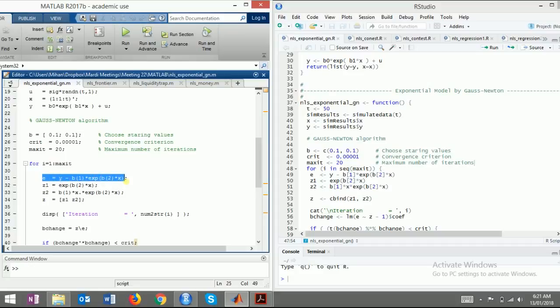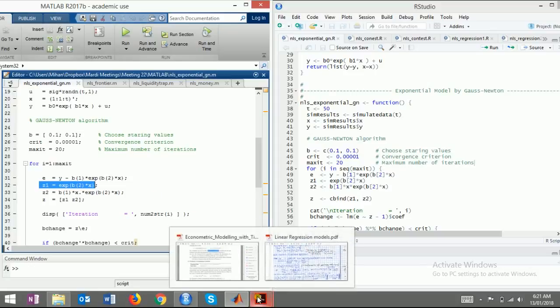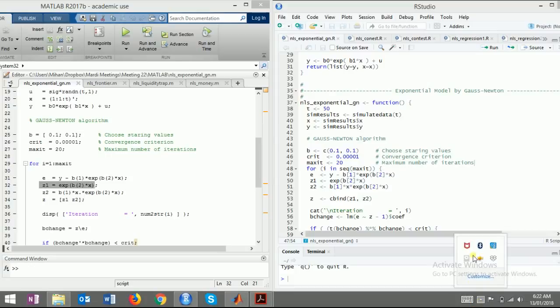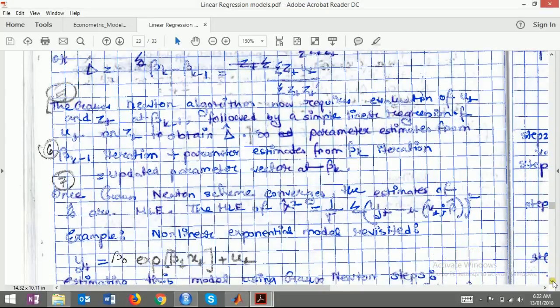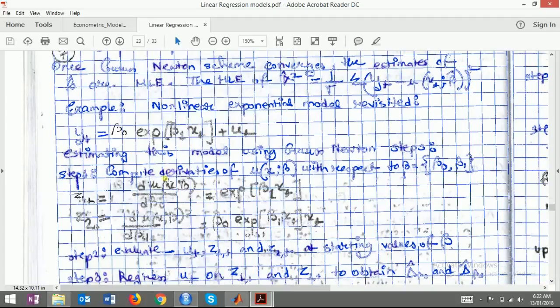the residual. Then we have Z1, exponential of beta 2x. Let's see if we can recall what was Z1 and what was Z2. Right, so we just need to look back for Z1 and Z2. So we are in the nonlinear regression functions exponential model.